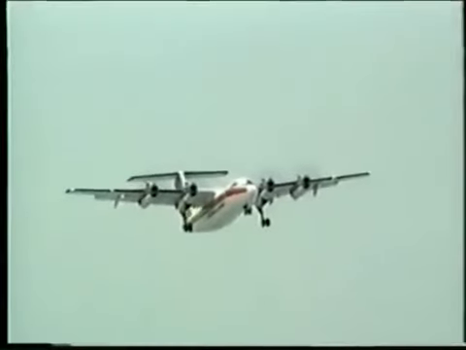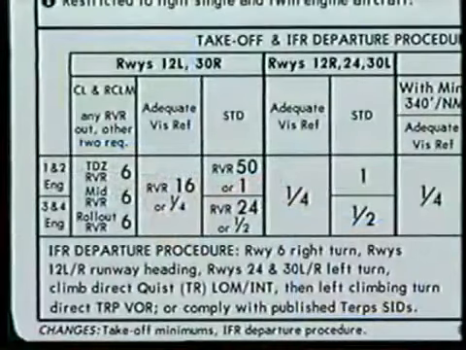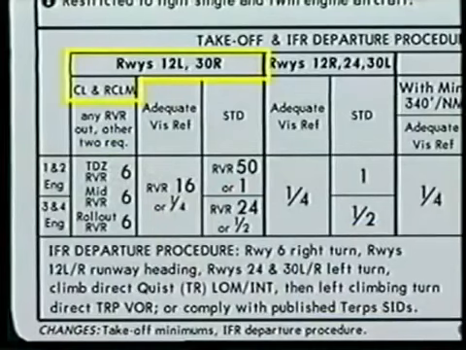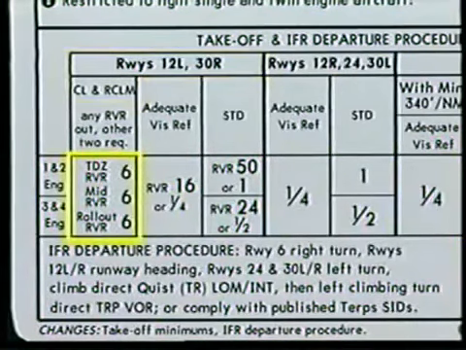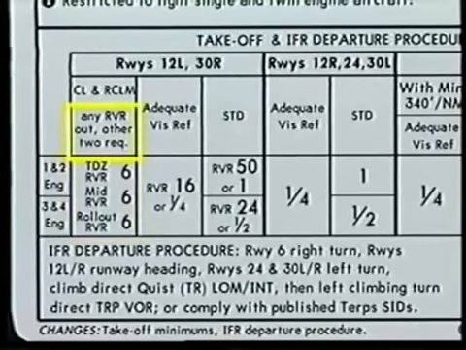To be able to use the lower minimums, commercial operators must obtain appropriate approval in their operations specifications. For example, if the centerline lights and runway centerline markings are available on runway 12 left, 0 right, some operators can take off with as little as 600 feet RVR, providing there are at least 2 operational transmissometers.